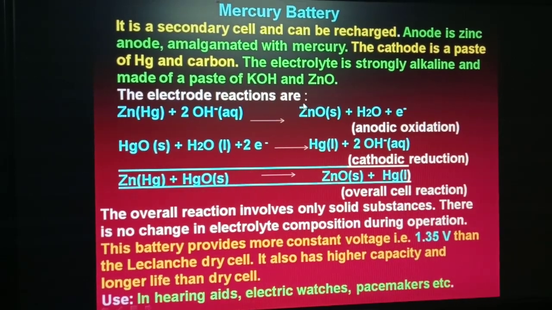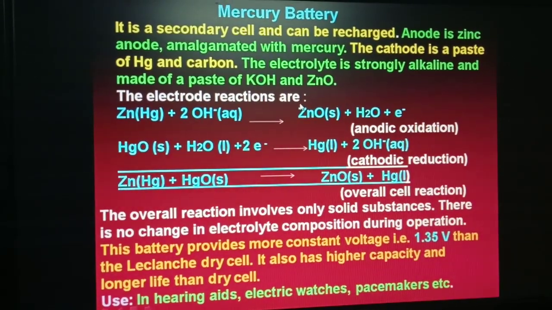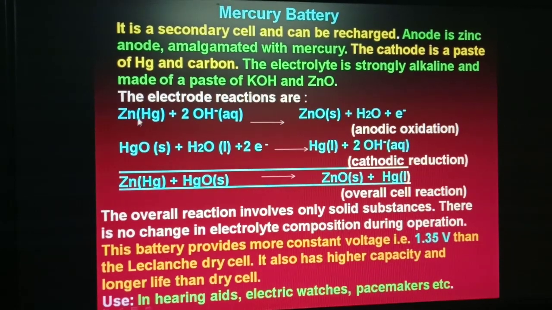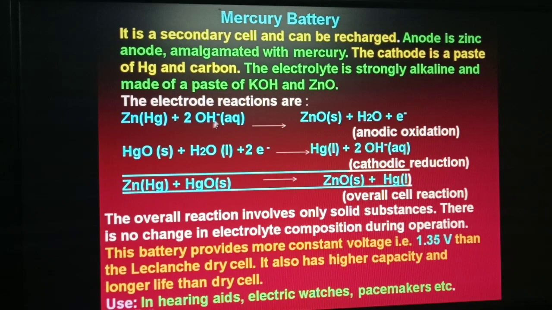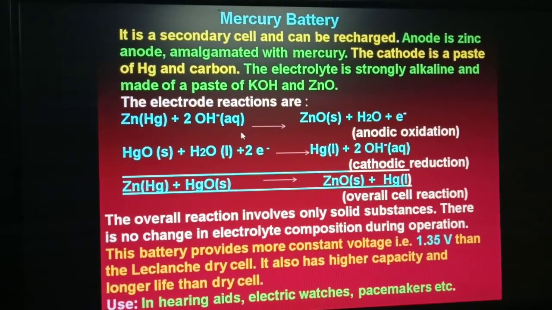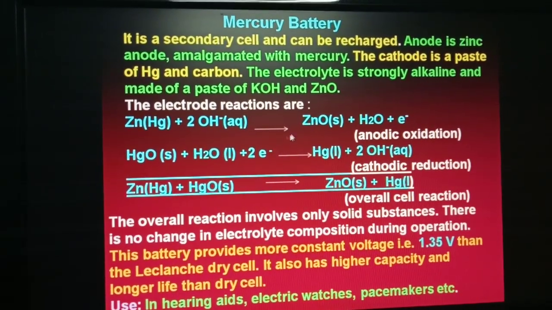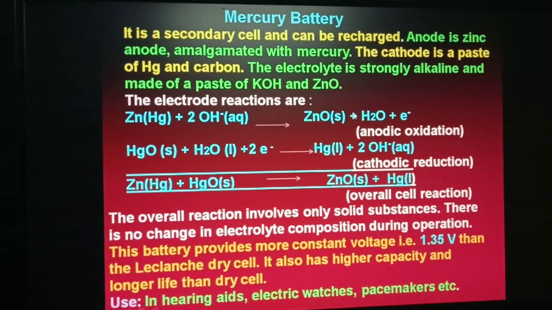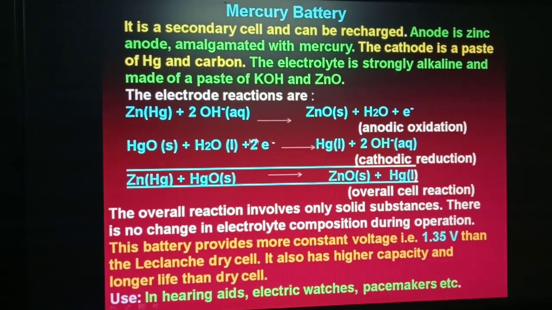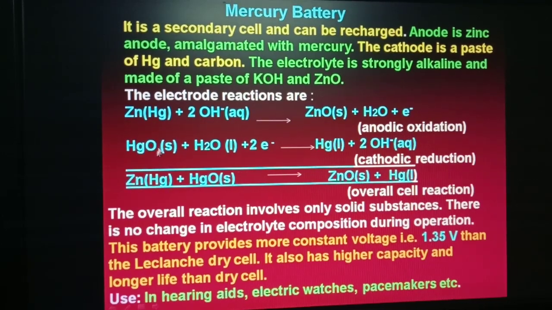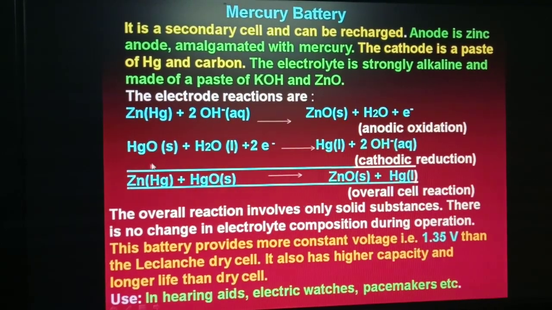The electrode reactions taking place are as follows. At the anode, oxidation takes place: zinc amalgam combines with 2 OH- of the electrolyte to give zinc oxide plus water with the loss of electrons, and these electrons can be accepted by mercuric oxide.